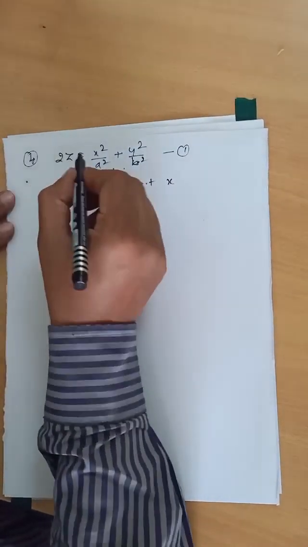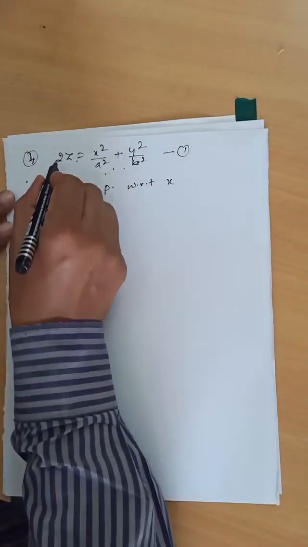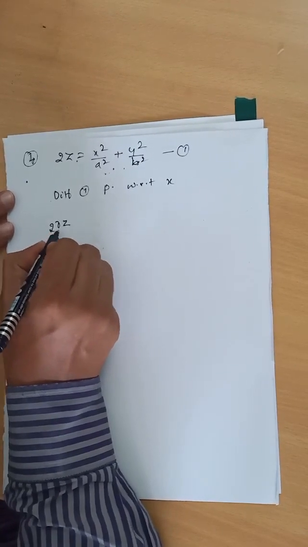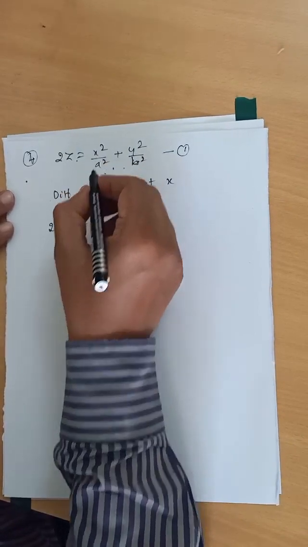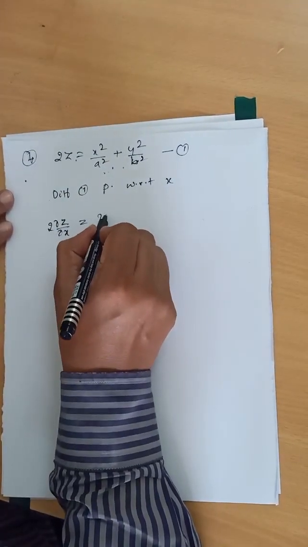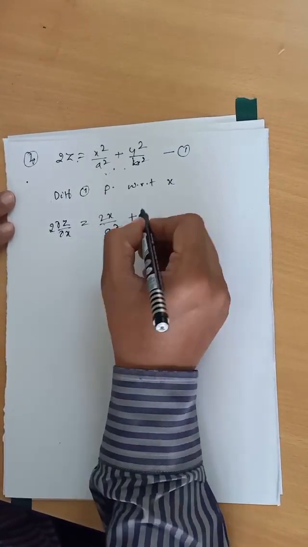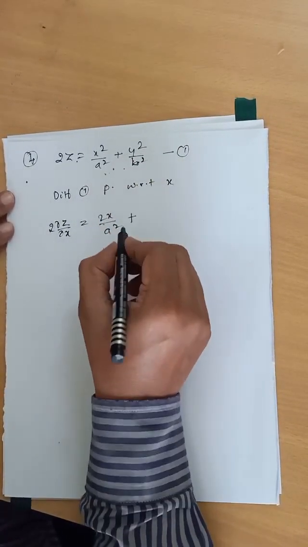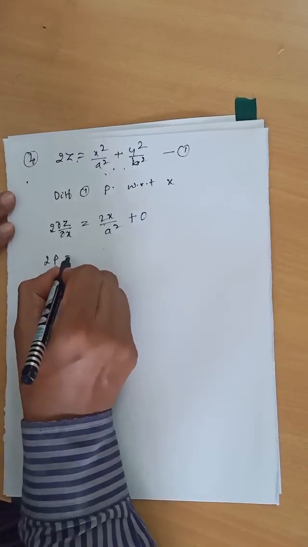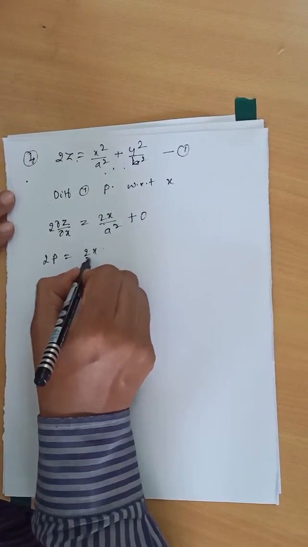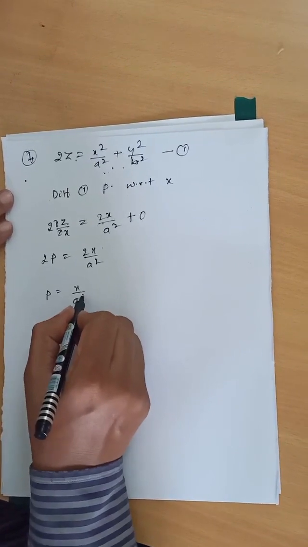Here z is a function of x and y. The derivative of 2z is 2 dou z by dou x, equal to the derivative of x square, which is 2x by a square, plus the other variable treated as constant with derivative 0. Or 2p is equal to 2x by a square, the 2 cancels, p is equal to x by a square.